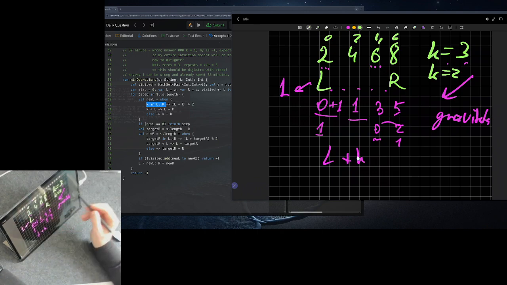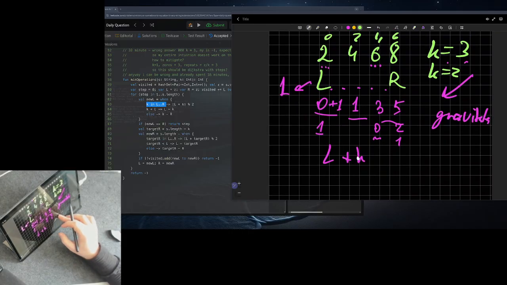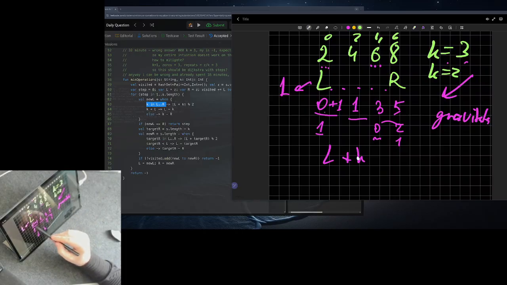So the parity is saved, at least it should be. So it is 1, 1, 3, and 5.